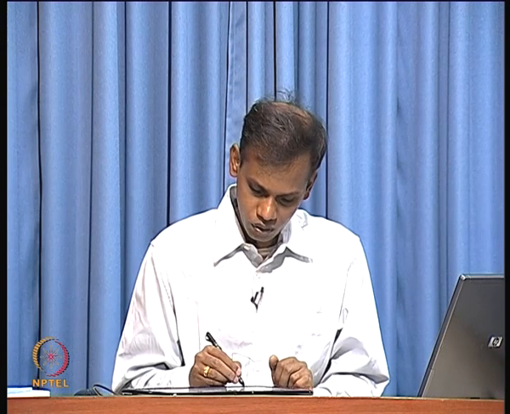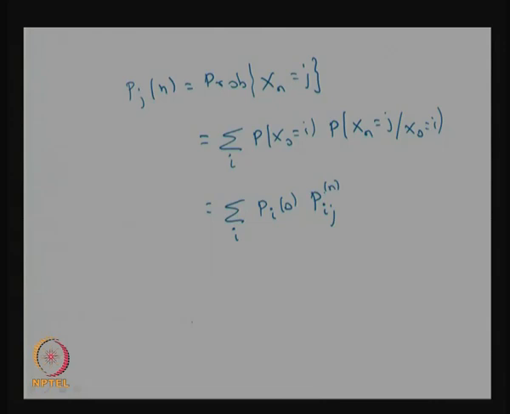Hence, now we got the n step transition probability matrix is nothing but P power n, where P is the one step transition probability matrix. Therefore, in matrix form, I can give the p of n. The p of n is nothing but, in matrix form, the distribution of X n, the vector which consists of where the system will be in the nth step.